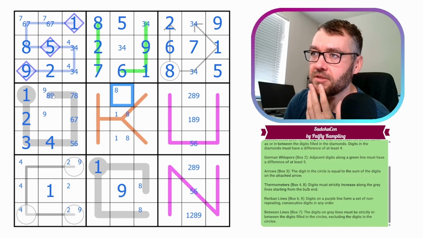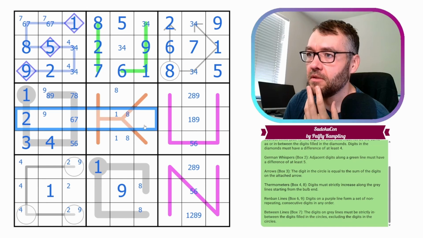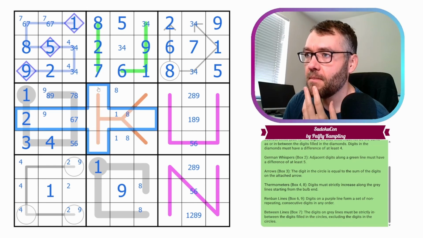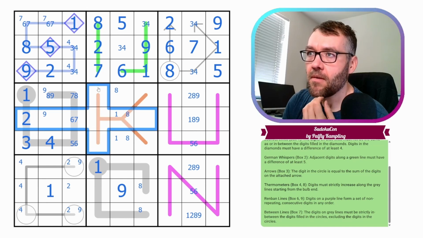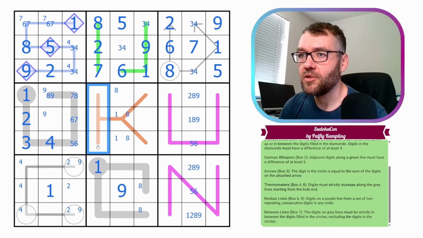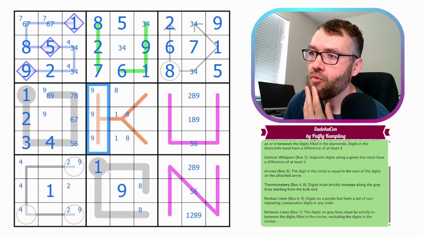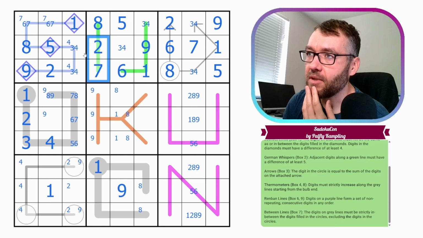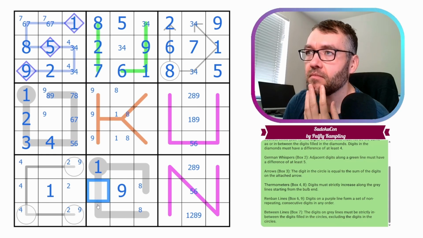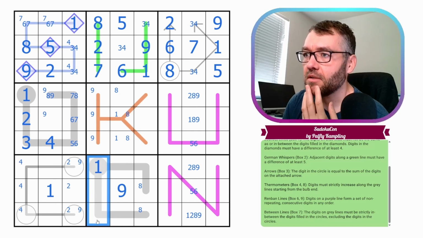Are there any more basic Sudoku we can do? 1 can't go in here. Well, we already know where the 1 goes. 2 can't go in here. 3, 4, 5, 9 goes over here somewhere. This might be a little bit more limited now that we have some more numbers up here. Where's the 7 going in this box?